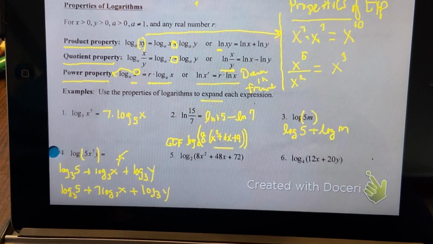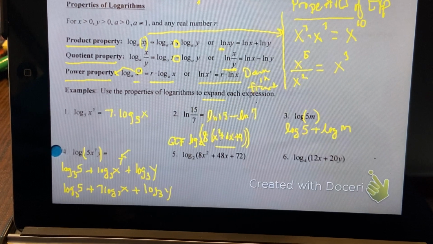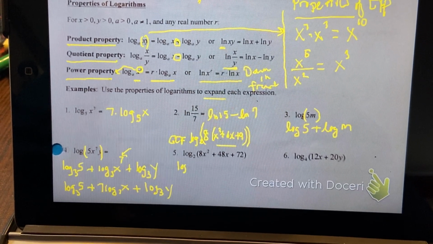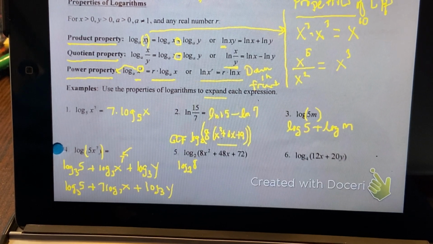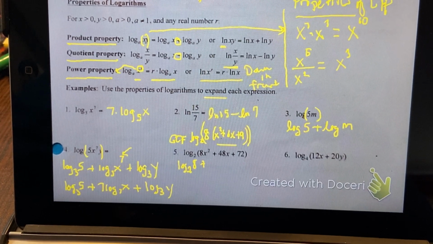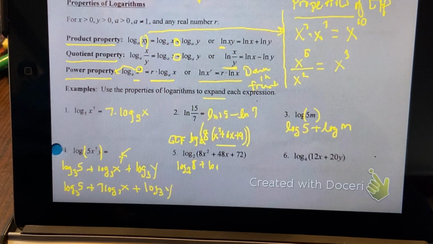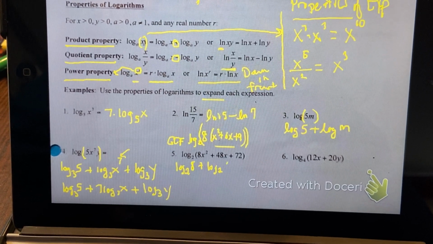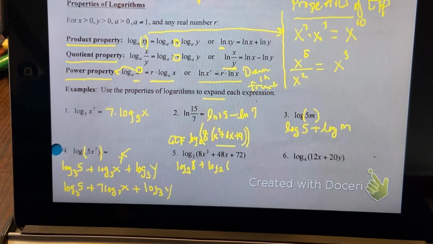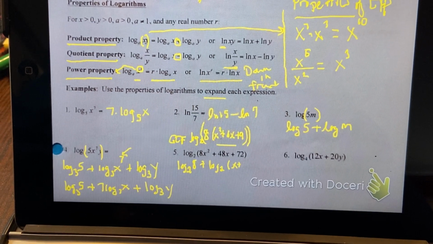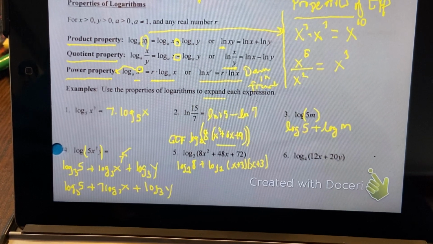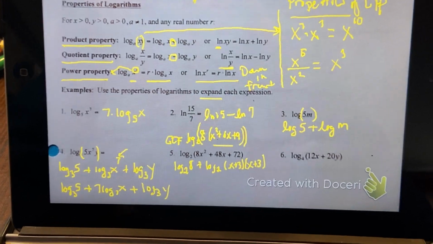Well, multiplication implies with a logarithm to add. So I'm going to go log base 2 of 8 plus log base 2. And then when I factor this, isn't this x plus 3, x plus 3? Isn't that what x squared plus 6x plus 9 is?